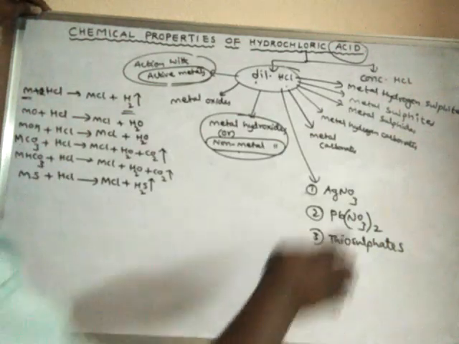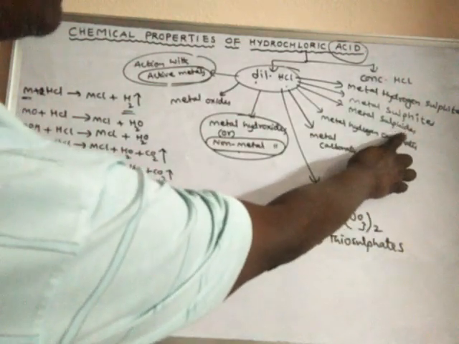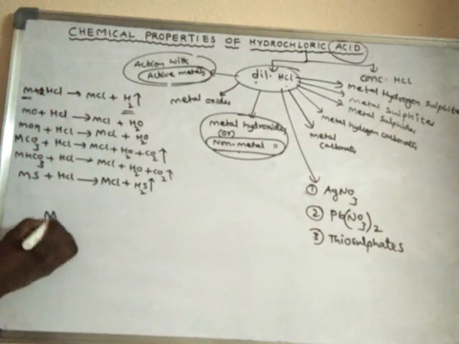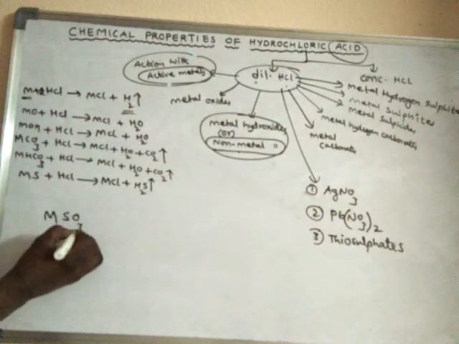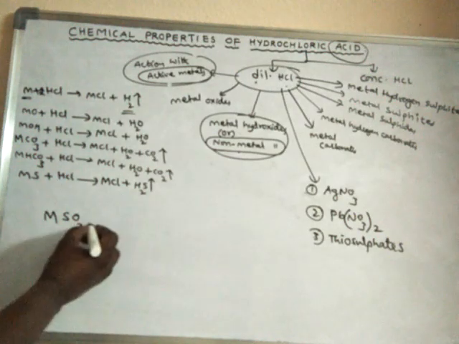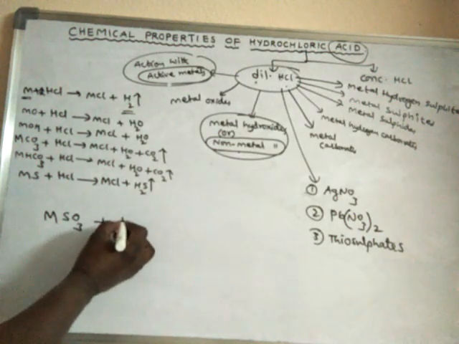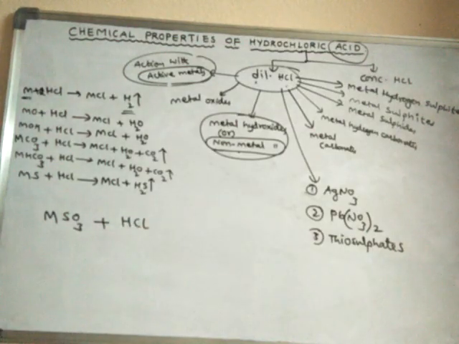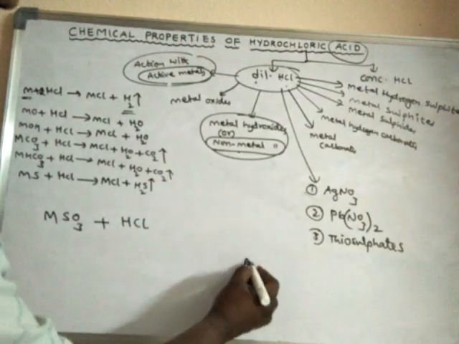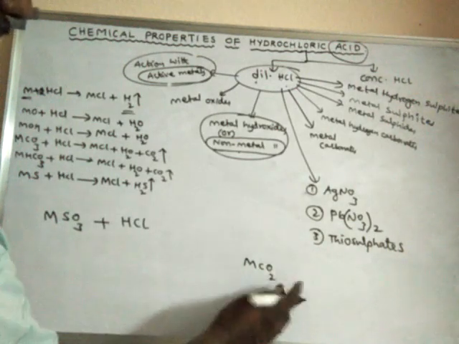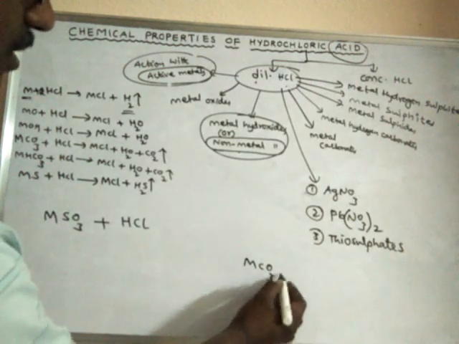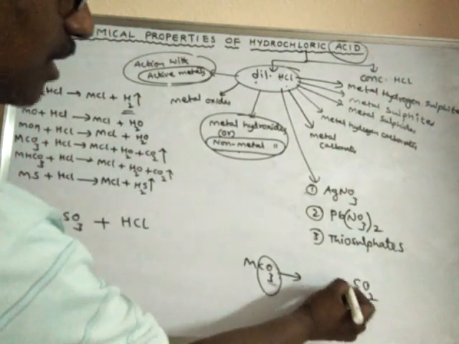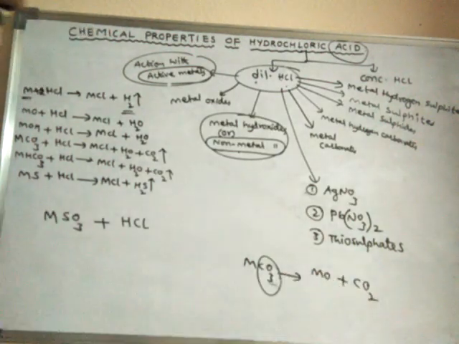What is the next reaction? Metal sulfides, plus hydrochloric acid. See, in metal carbonates, this part will break down into carbon dioxide and metal oxide is formed.